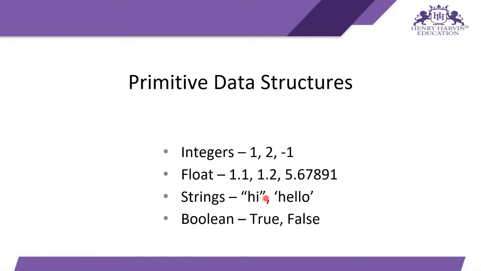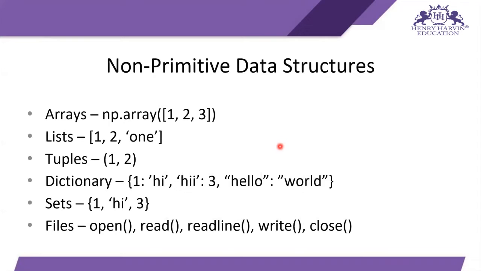Next comes the boolean. As you all know, there are two values, true and false, which we use in Python. That's all for our primitive data structures. Next come the non-primitive data structures. First come the arrays. For arrays, we can use the NumPy library or Python's built-in array library to create them.